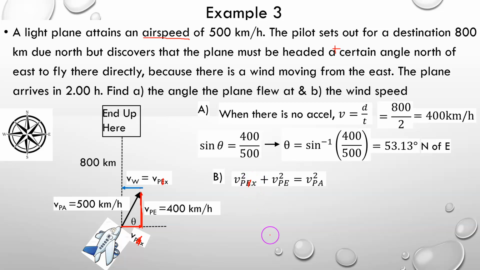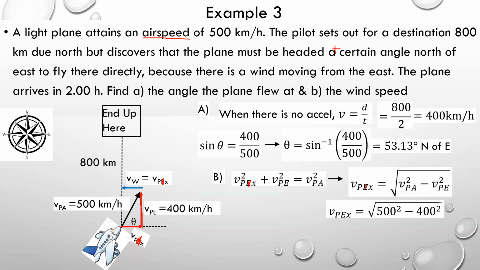So if we think about it as a triangle using the Pythagorean theorem, we'll have an expression that looks like that. The velocity of the plane in the x direction will equal the square root of the velocity of the plane relative to the air squared minus the velocity of the plane relative to the earth squared, which ends up being 500 squared minus 400 squared.